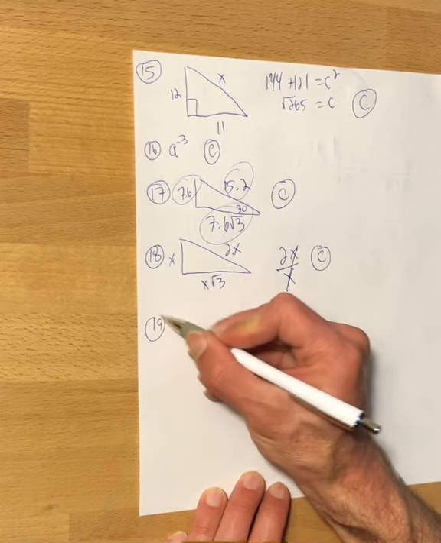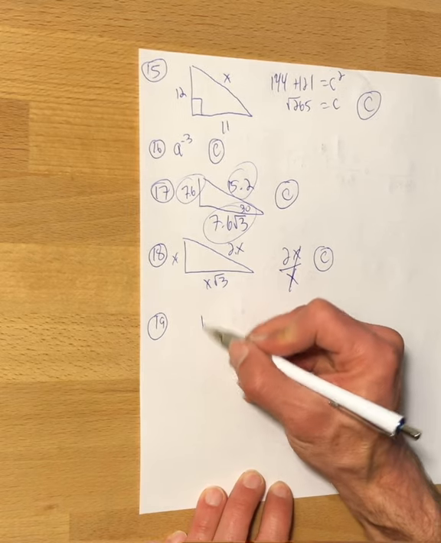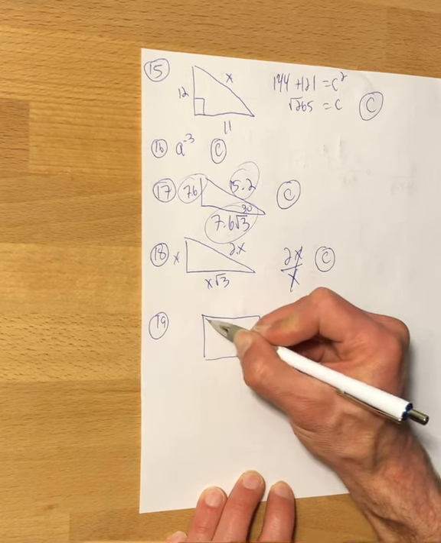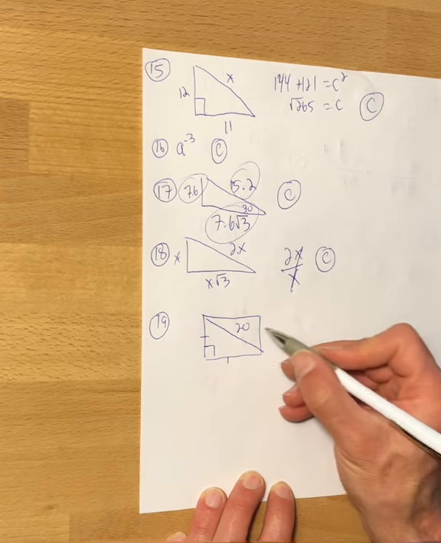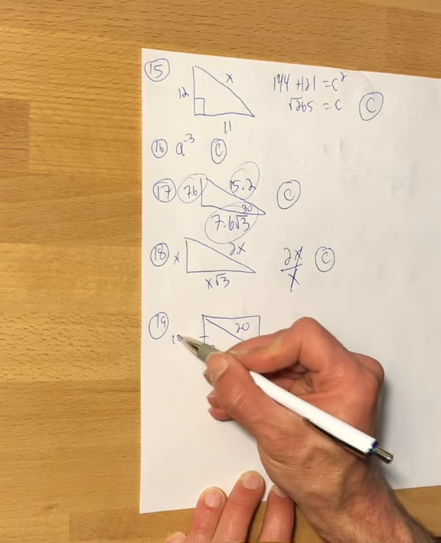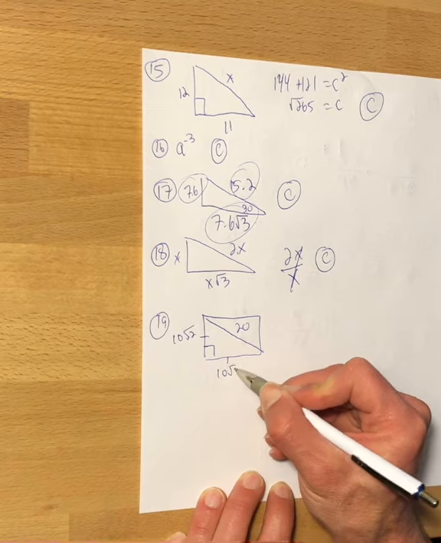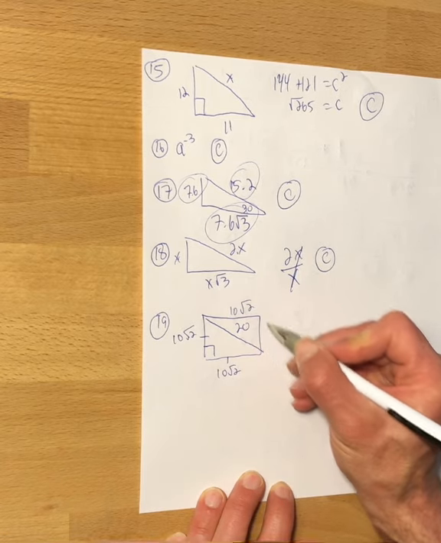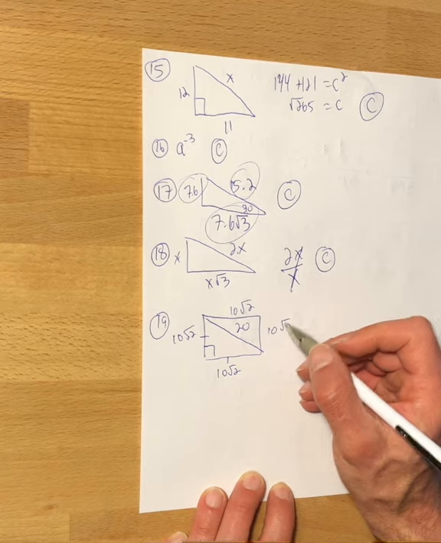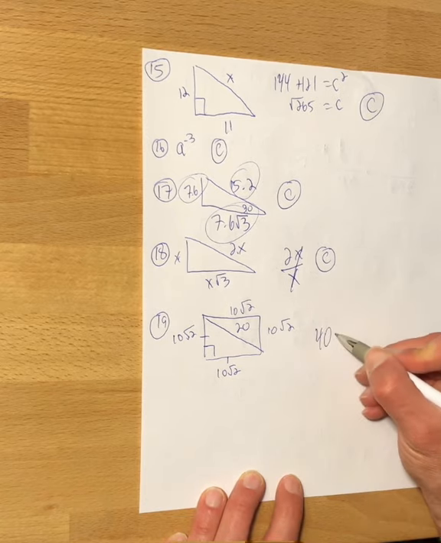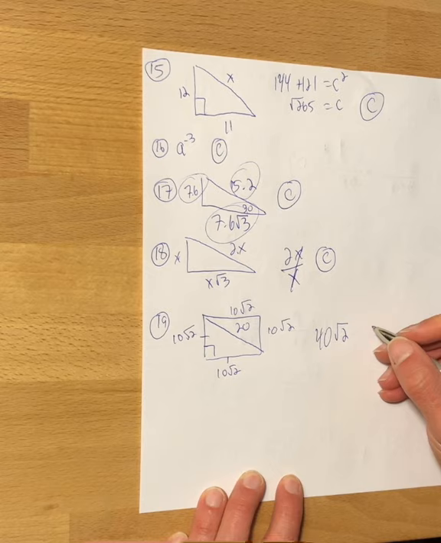Number 19, the length of the diagonal of a square is 20. Remember, this is a 45, 45, 90 degree triangle, so this is half of it, root 2. Every one of these sides is half of it, root 2. The question is, what's the perimeter? You have 40 of these root 2's, which is letter choice A.